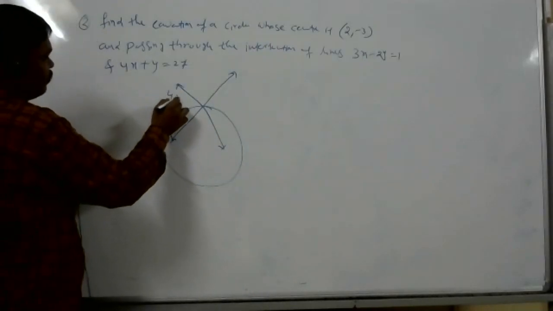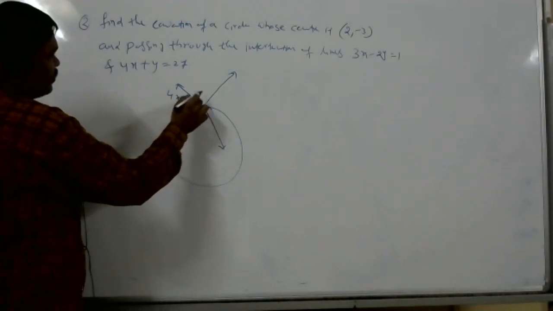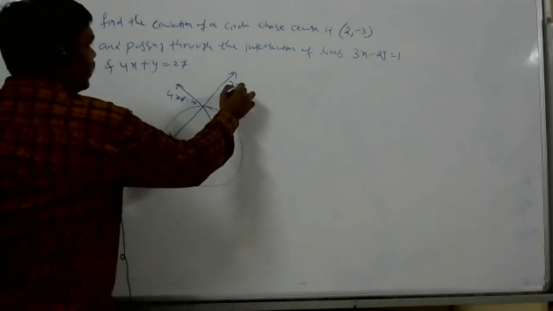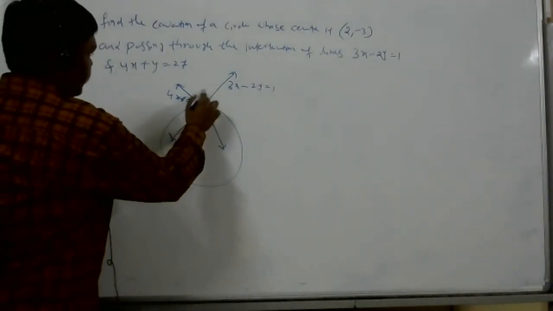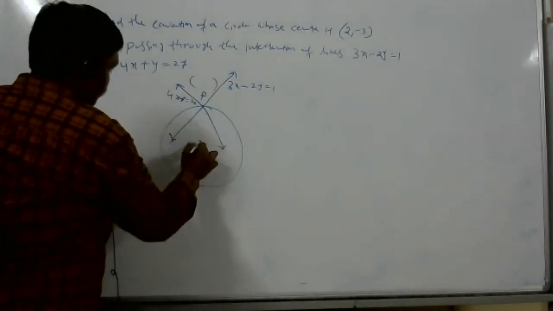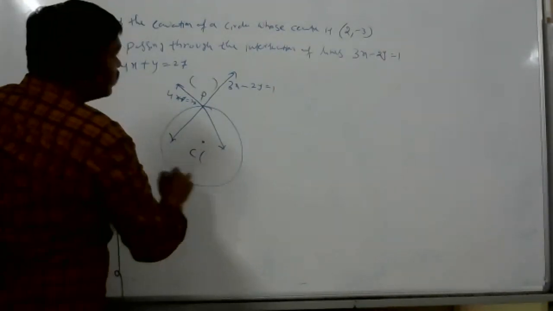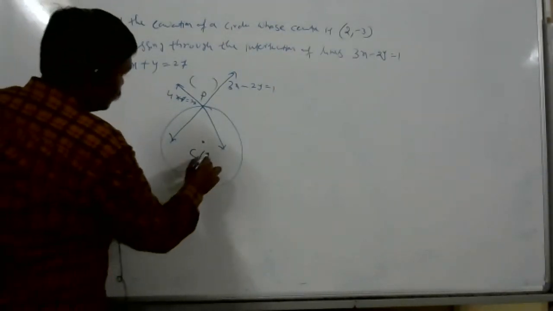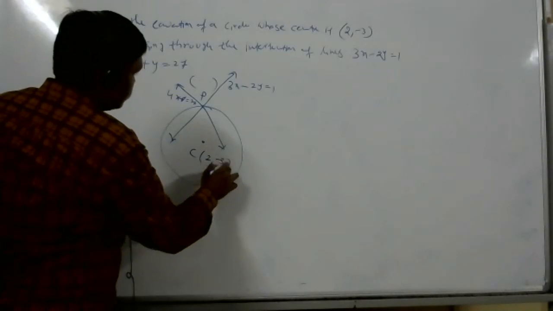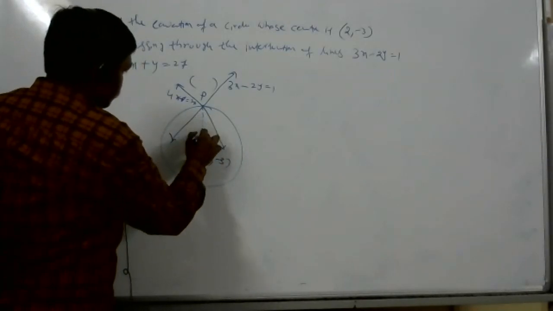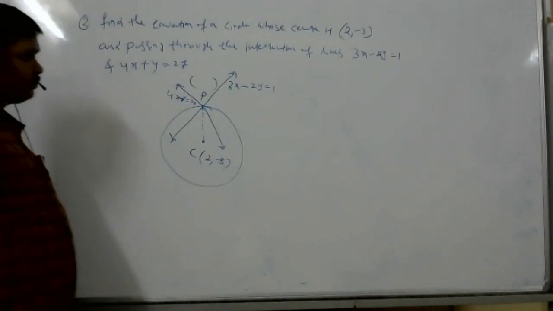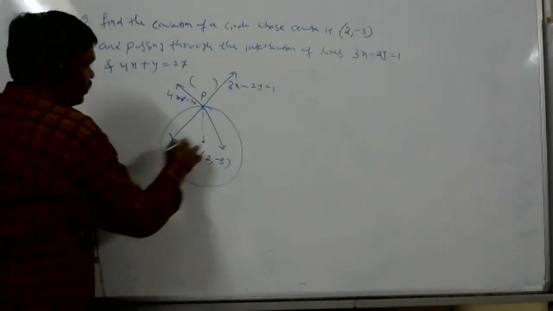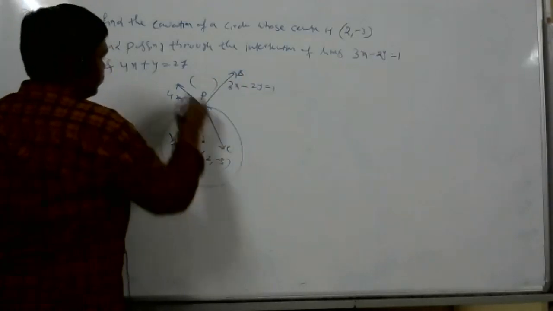This line 4x plus y is equal to 27 and this line 3x minus 2y is equal to 1, and this point is P. This is the center (2, -3).